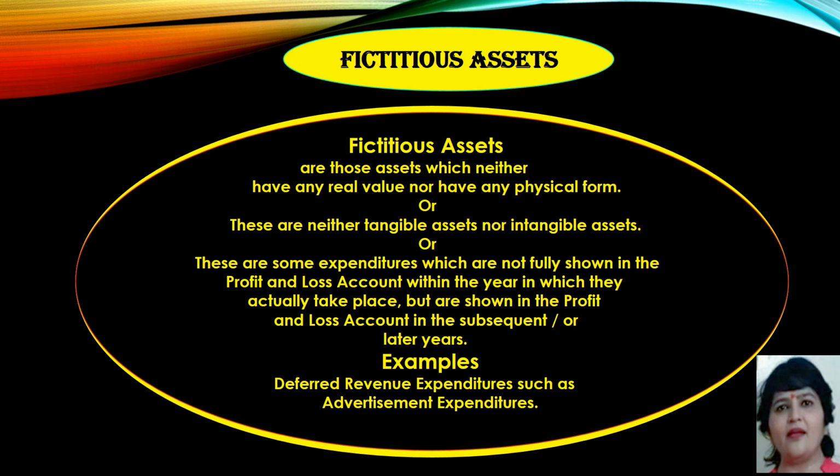Today, in 1 year, the advertisement is helping in increasing the sale, but up to a certain limit. Next year, when the same ad will be seen on the TV, again it will maximize. Next to next year. So its benefits are being availed over a period of time. So till the time the total expenditure has been shown in the profit and loss account, till then it is called fictitious assets. I hope this will be clear to all of you.